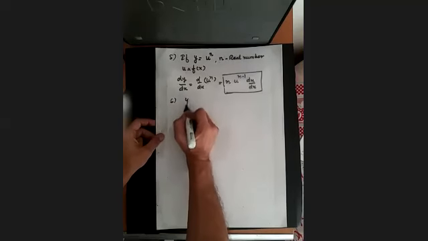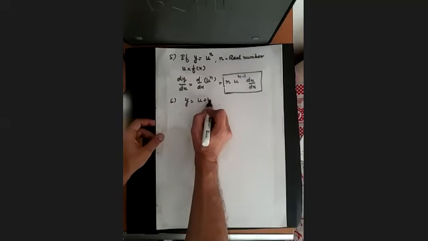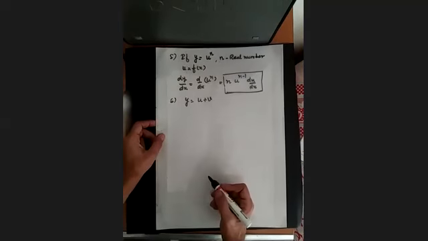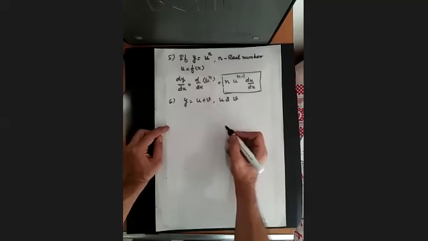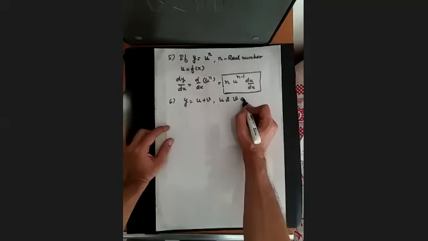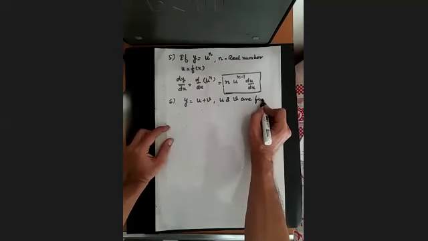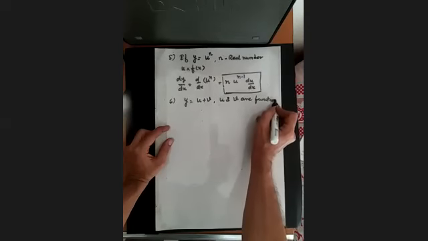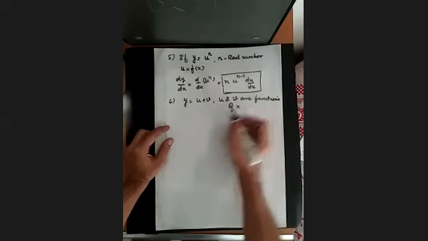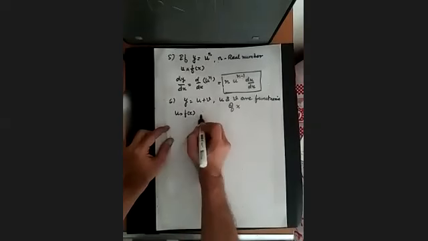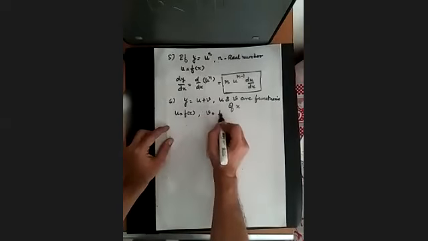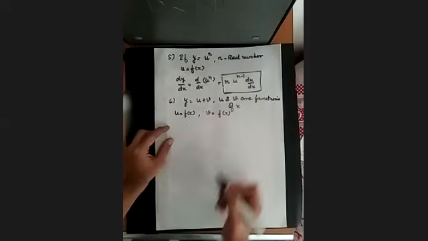If y is equal to u plus v, where u and v both are functions of x, so u is a function of x through some relation, v is also a function of x through some other relation.